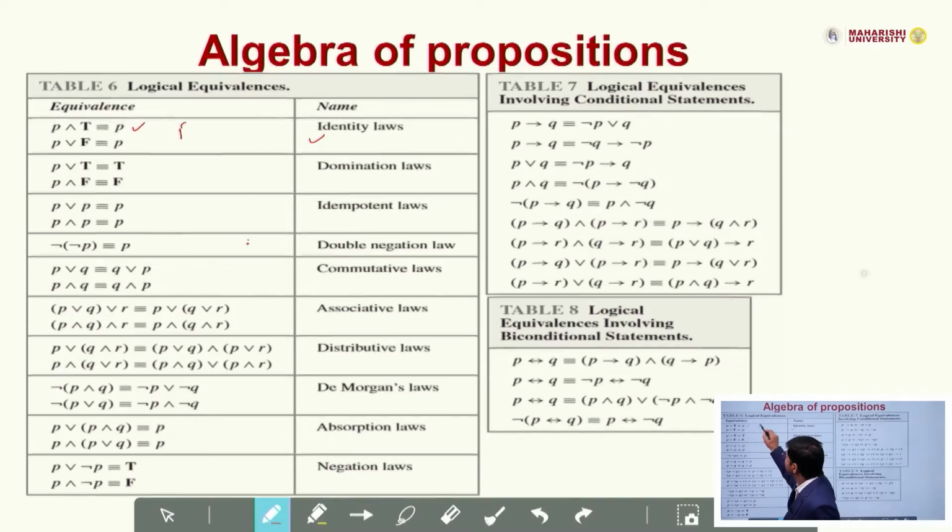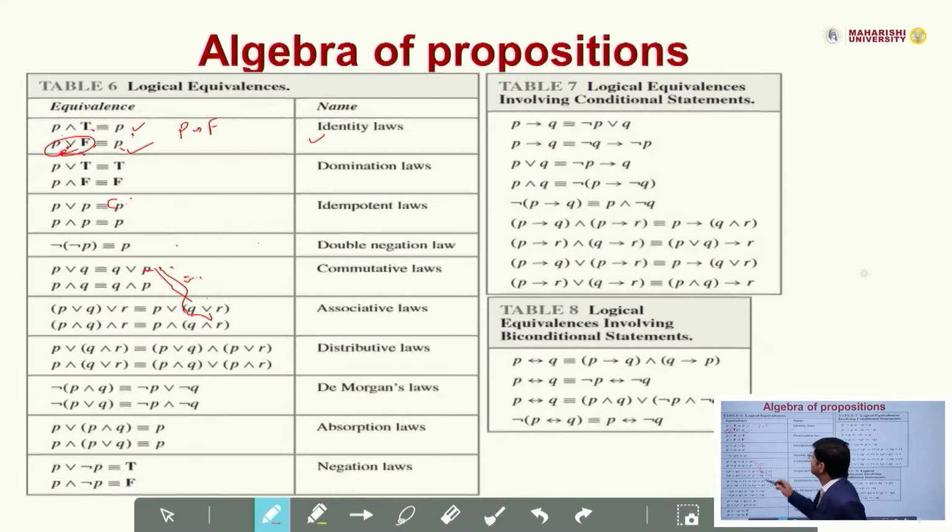If P is false, then false and true becomes false. P is already false. If P is true in the second case, then again P or false depends on P. If it is false, then the result is false. If it is true, then the result is true.